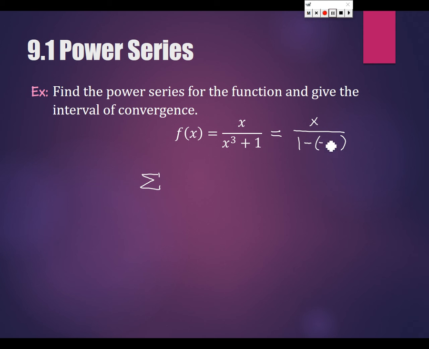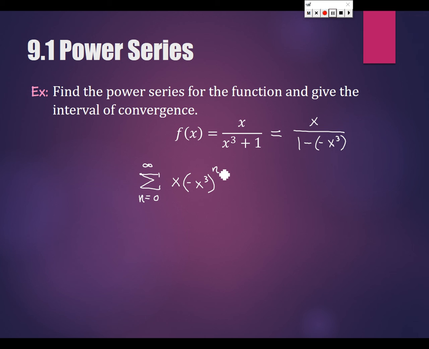Yeah, we could just write negative x cubed here. Okay, so then we just have, as n goes from 0 again to infinity, what do we get? First term times the common ratio to the n, if we're doing 0 here.